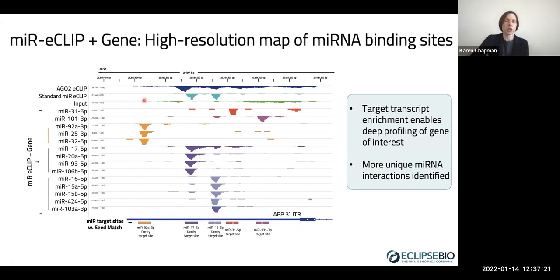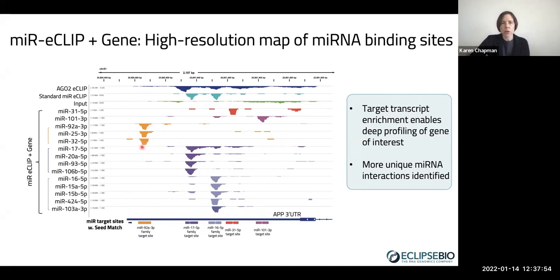Again, the generic AGO2-eCLIP is more diffusely distributed over this 3' UTR. And then down here are these individual microRNAs. Since we've enriched for this gene, we're getting really deep profiling of the microRNA population that is regulating this particular gene. And what we've done here is color code the related family members.